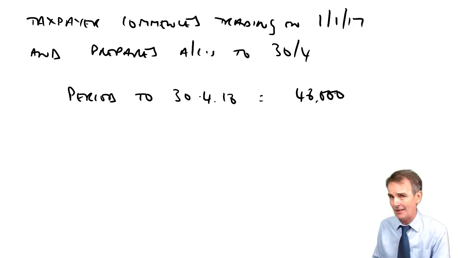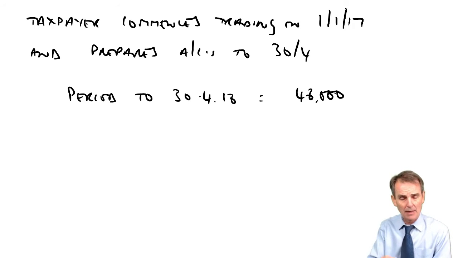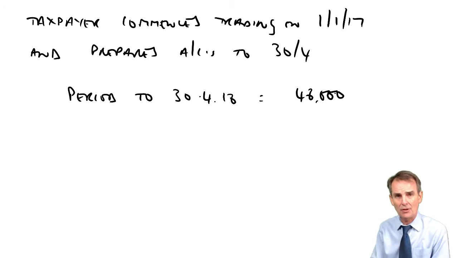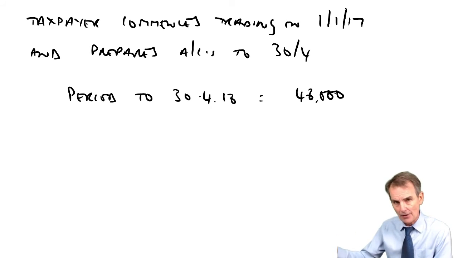Now, if you look back at the previous example where we had a 15-month period, what we saw was that the adjusted profit that we used was £45,000. 15 months, £45,000, if you haven't already worked it out, that was £3,000 a month that gave rise to the assessments there that we've used that basis period for. So it's £3,000. All I've done now is, in choosing the 30th of April, I've gone one more month, so that is a 16-month period, and I've just added another 3,000.